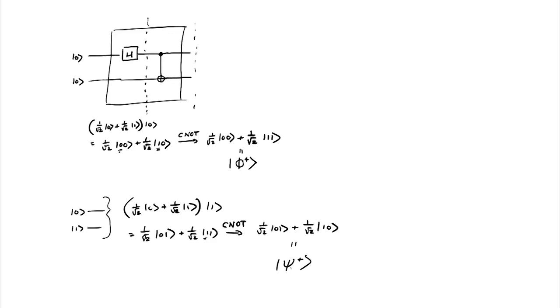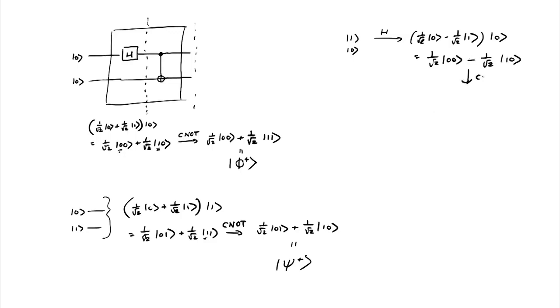Okay. Now we could again look and see what happens if the 2 input qubits were 1, 0. Well, let's work this through. After the Hadamard, what do you get? You get 1 over square root 2, |0>, minus 1 over square root 2, |1>. And then the second qubit is in the state 0. So what's this? It's 1 over square root 2, |00>, sorry, it's minus 1 over square root 2, |10>.